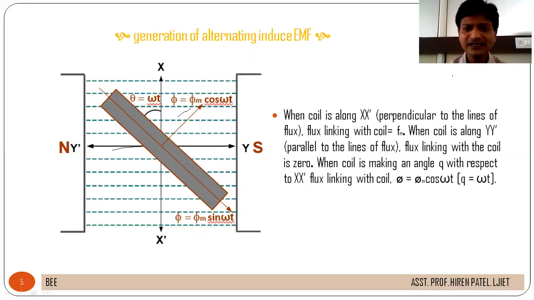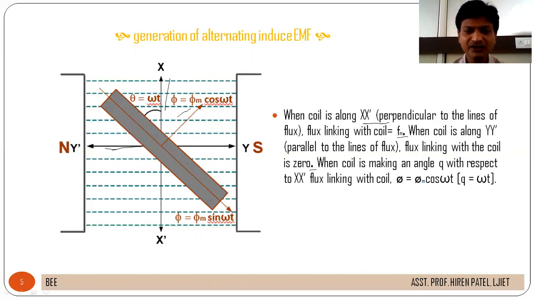When the coil is along the XX dash axis, it means perpendicular to the lines of flux, so the flux linking with the coil is maximum. Here phi m stands for maximum flux. See here, when the coil is in this position, there is maximum flux, and when the coil is on the YY dash axis, it means parallel to the lines of flux, so the flux linking with the coil is 0.